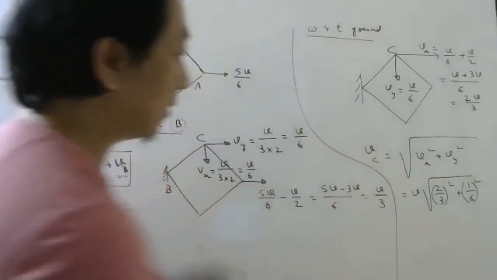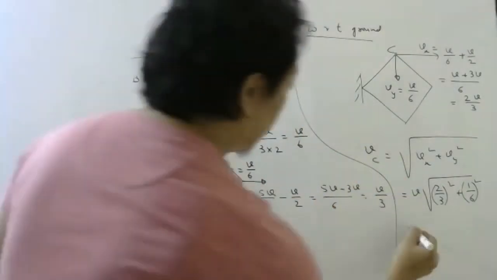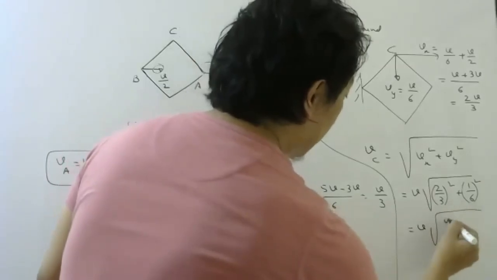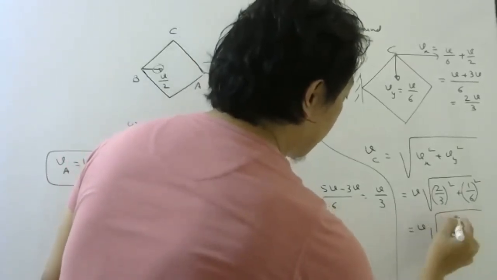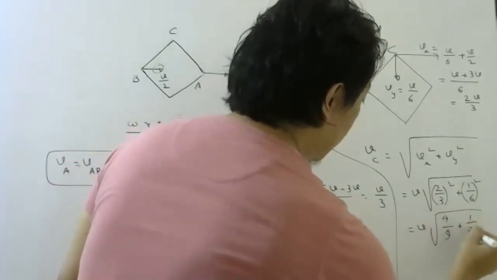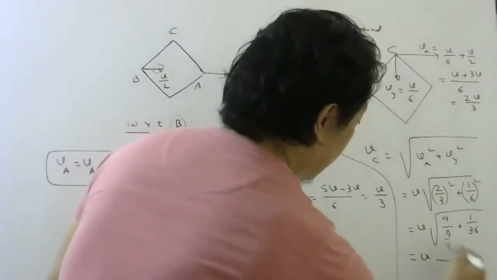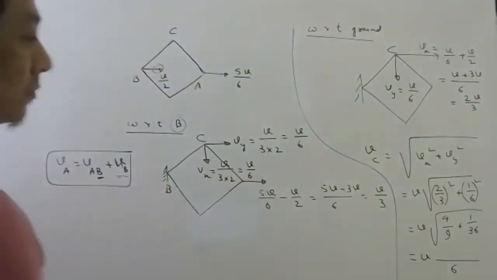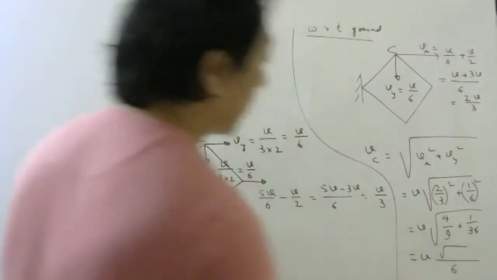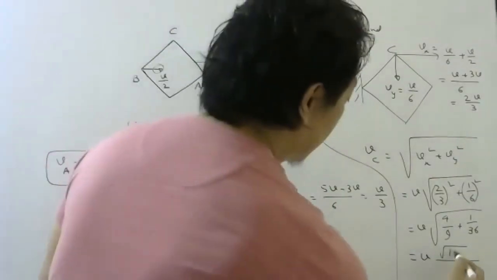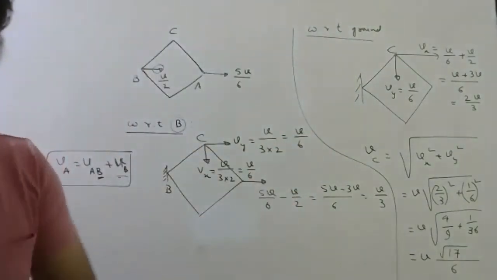We will get the same answer, sir. Same answer. Because this will be 4 by 9, this will be 1 by 36. So LCM will be 36. Square root will be 6. And here square root will be 16 plus 1, 17. So same answer you get at the end.